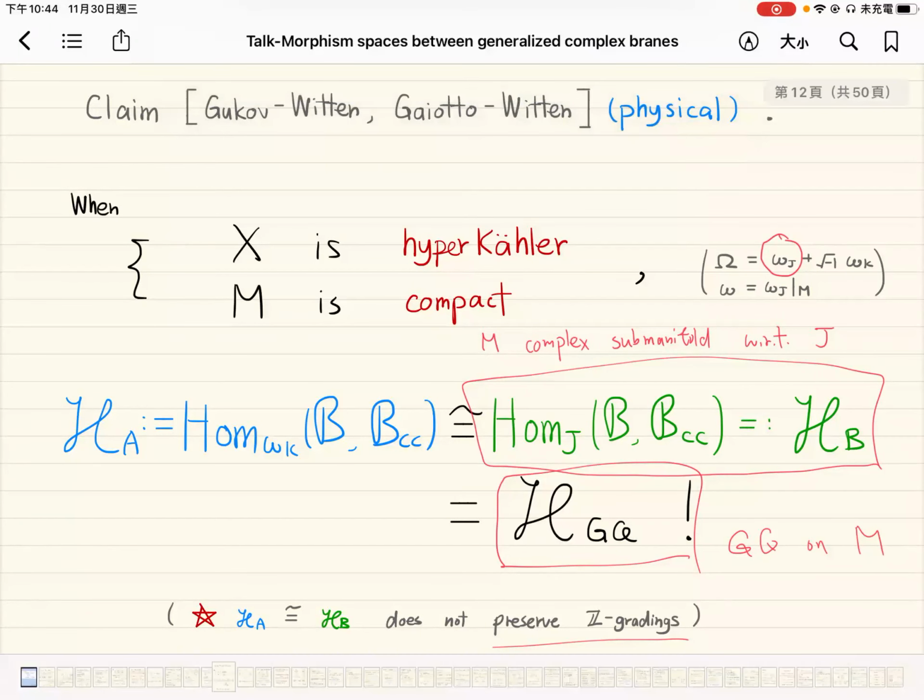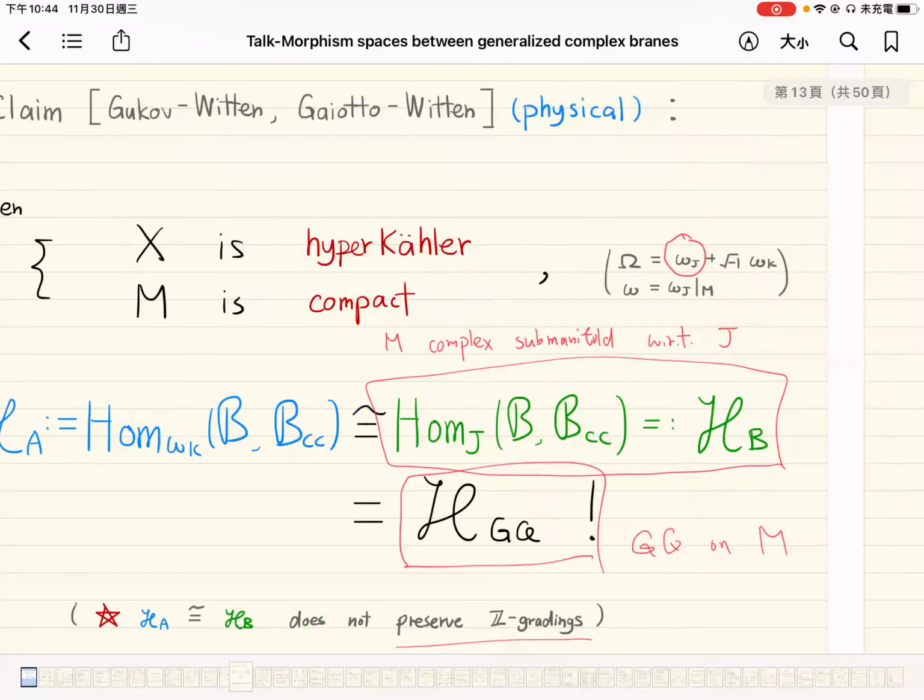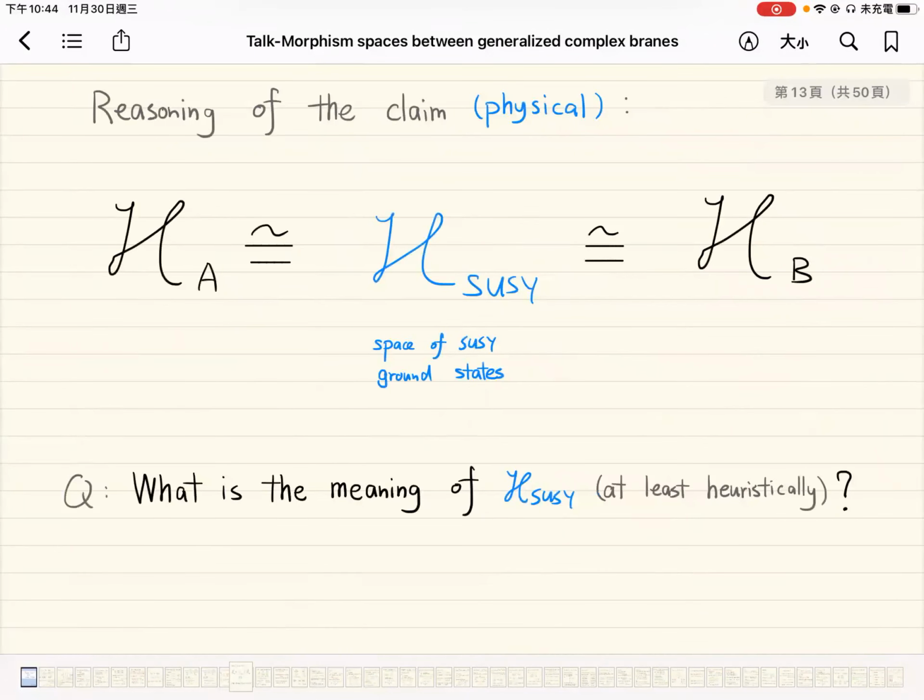Then maybe I'll talk about the physical reasoning behind this claim. The reasoning is that because we have a hyperkähler metric, the A model and B model are some topological twists of the original 2D sigma model.